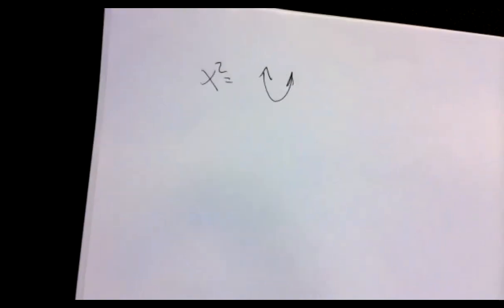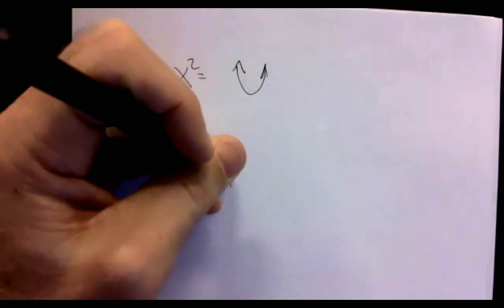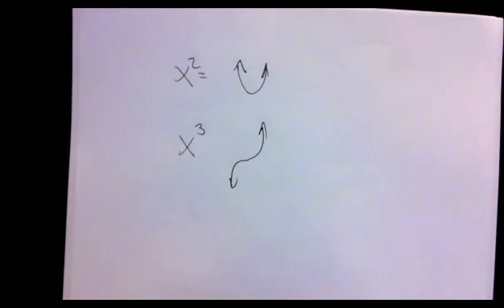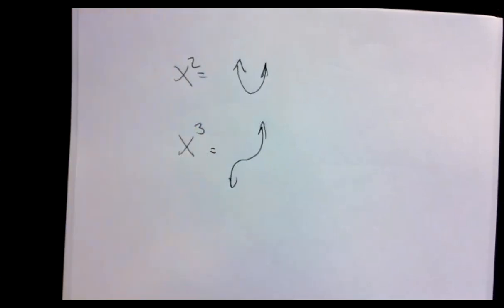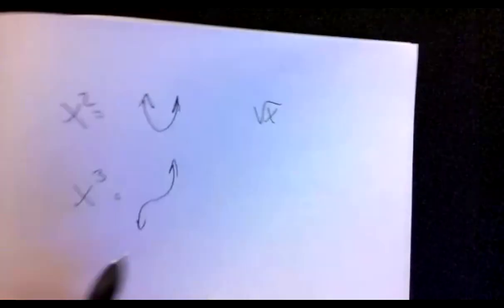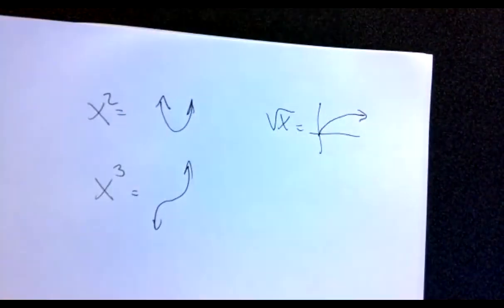So x squared makes a u. X cubed does this number. Square root of x does that.